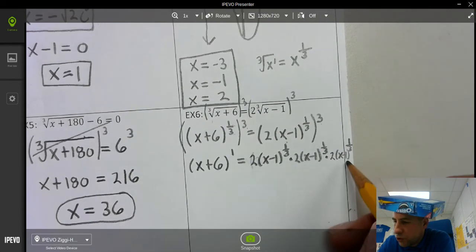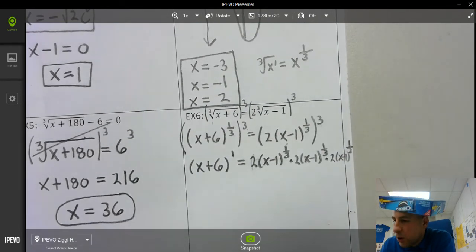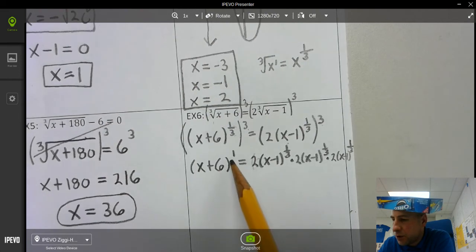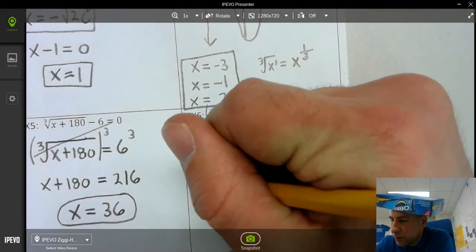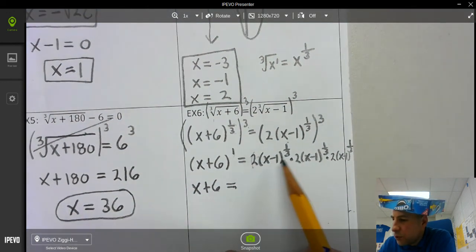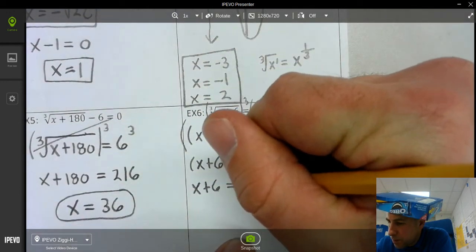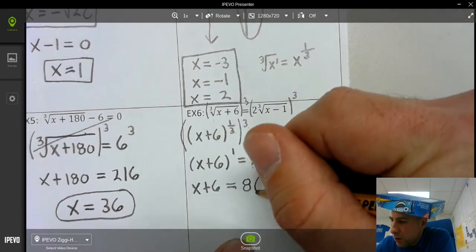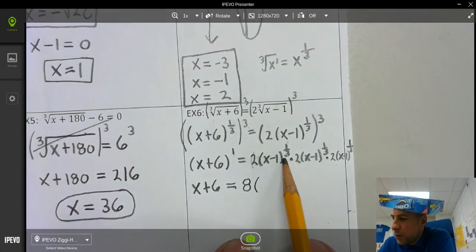Okay, just got smushed a little bit there, but what I want you to see is, first of all, the 1 power, that's just written as x plus 6. And 2 times 2 times 2 is 8. And then here, when you multiply exponents with the same base, you add them.